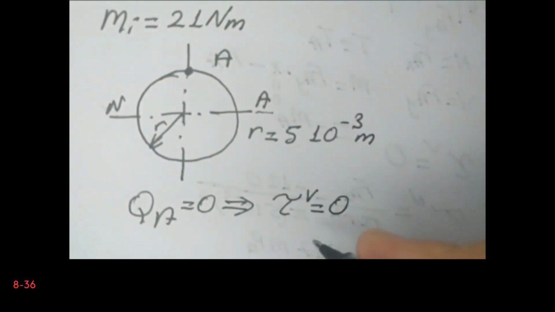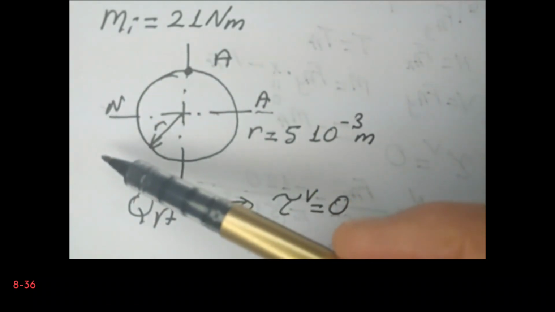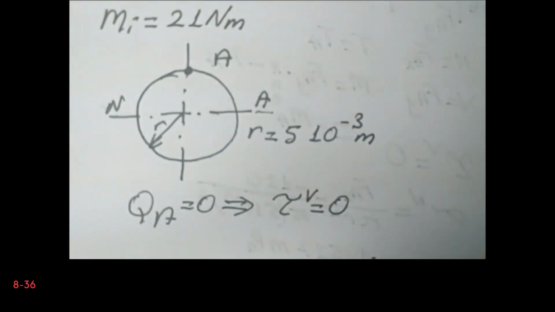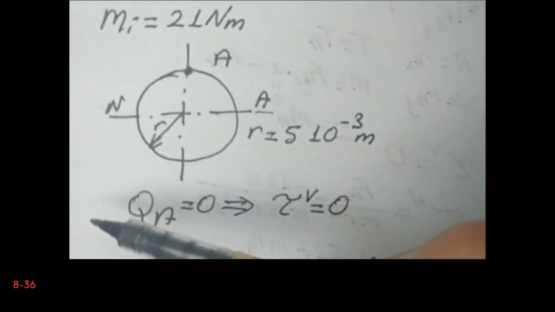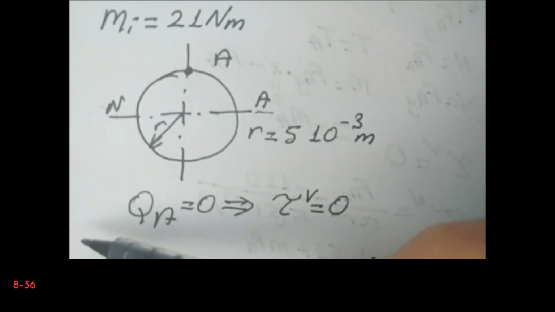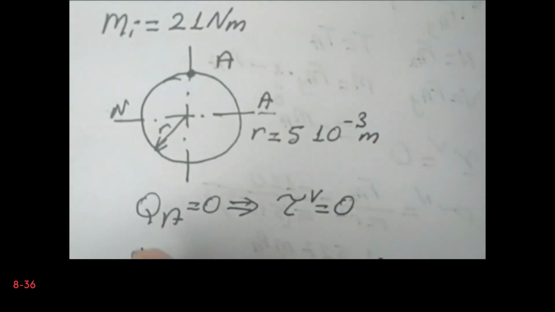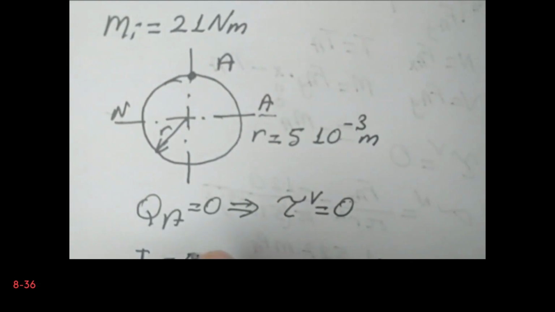Now the second thing is we have normal stresses. In fact, we have two normal stresses. One is due to the bending and the other one is due to the axial loading. So therefore we need to calculate the bending moment of inertia for this cross section. So bending moment of inertia I bending is equal to P r to the power 4 divided by 4.